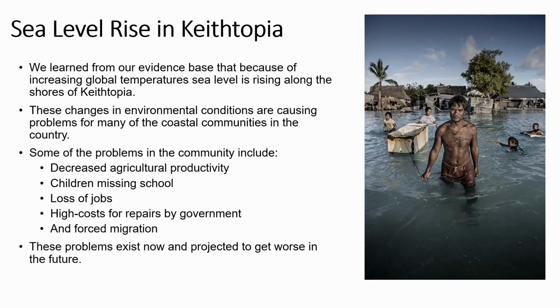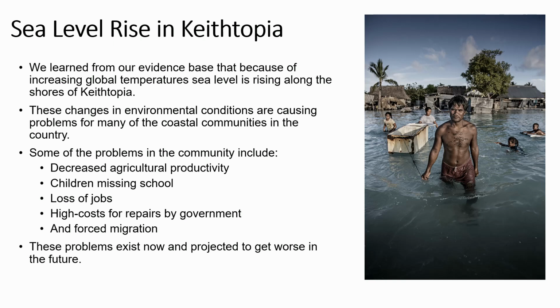And from this work, we understand that because of increasing global temperatures, because of global warming, sea level is rising along the shores of Keithtopia. We know this again from our literature review. And we also know that it's an adaptation priority for the government and people of Keithtopia.